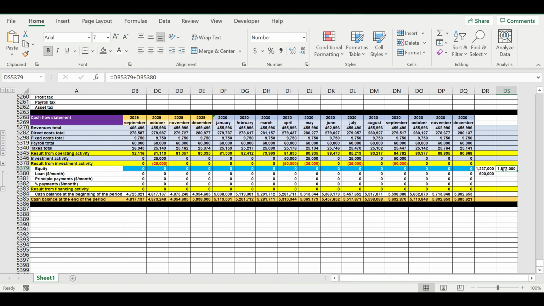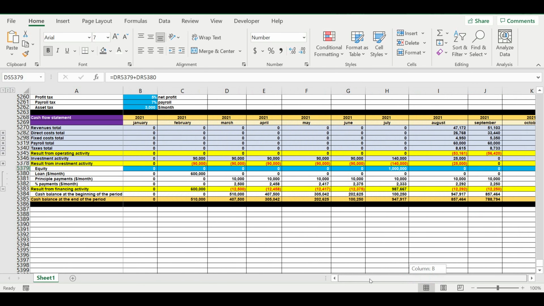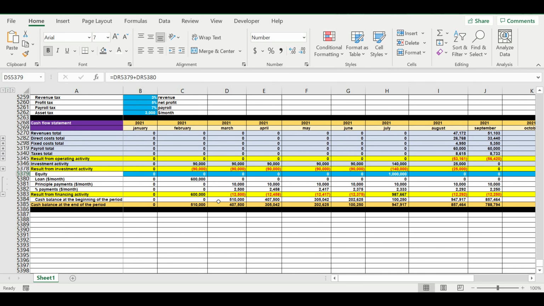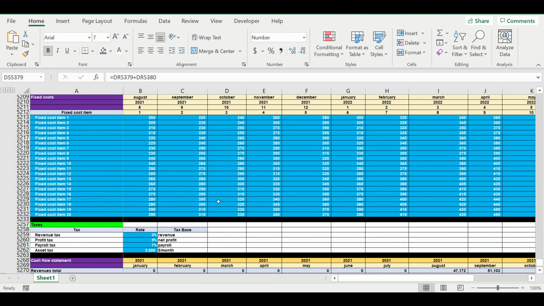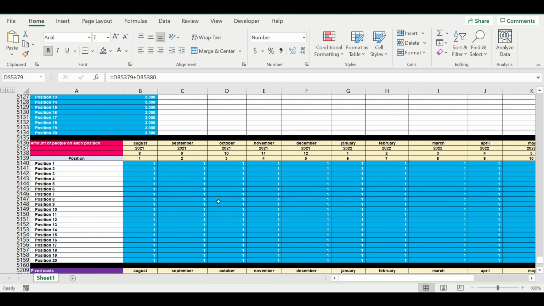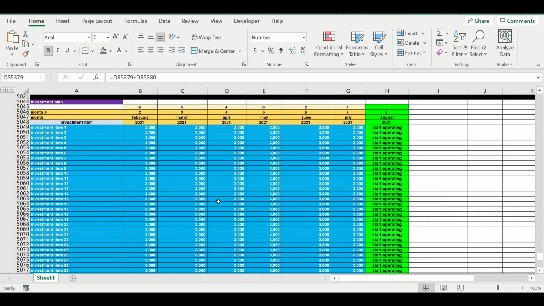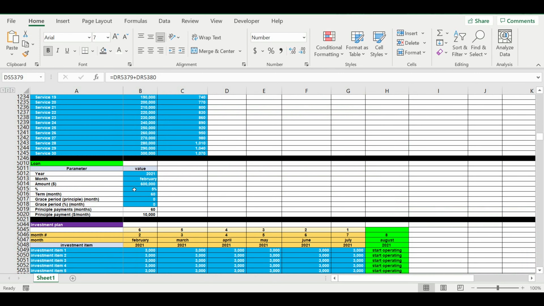So this means that we need this amount of financing for our business idea. This is the manual way to calculate the amount of financing that we need. But you can also create an automatic formula for calculating the amount of financing, and let me show you how you can do that.